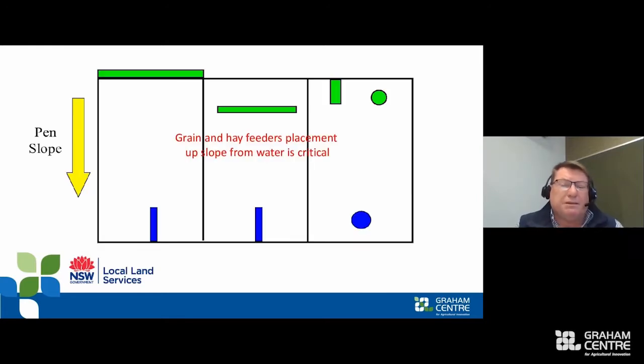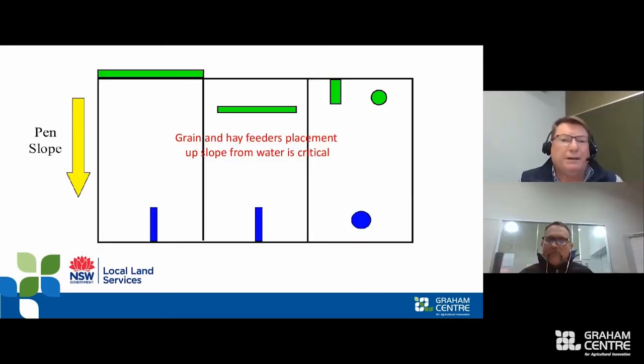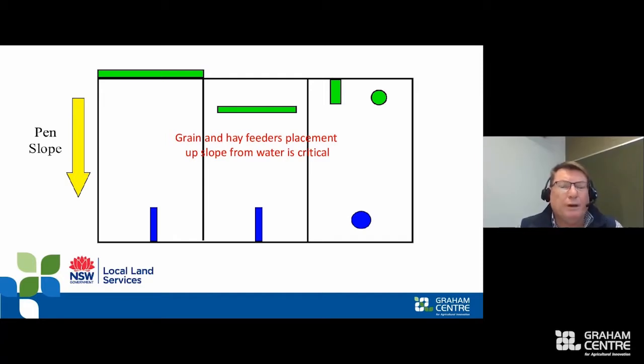And this is a typical design that is often put forward, where we've got a rectangular base and you've got the pen on a slope. Ideally you want to have the feeders, whether that's a troughing system, a conveyor belt on the ground, or even just running the grain on the ground, traditionally at the top end, up the upslope of the pen.